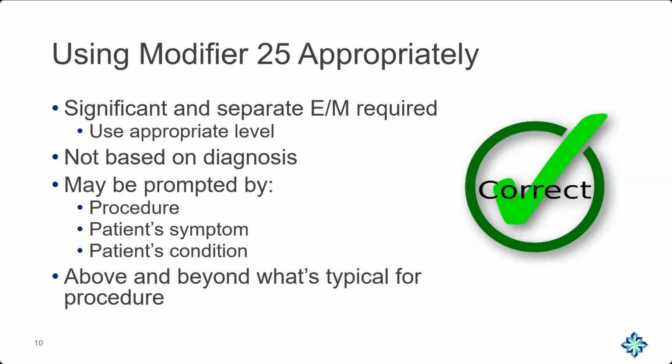So while that patient's symptom or condition may prompt the E&M service, so I'll go back to that AWV with the knee pain, it's not a requirement and it's not the sole determinant of whether or not that modifier 25 is appropriate. It again truly comes down to that documentation and if the documentation supports both services.